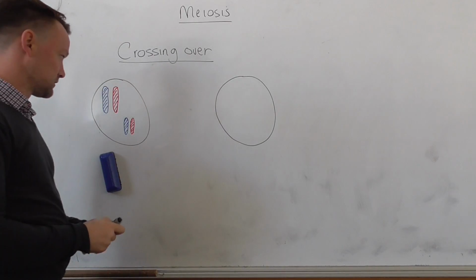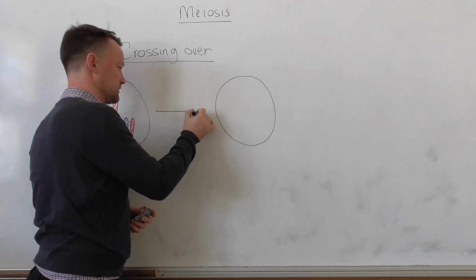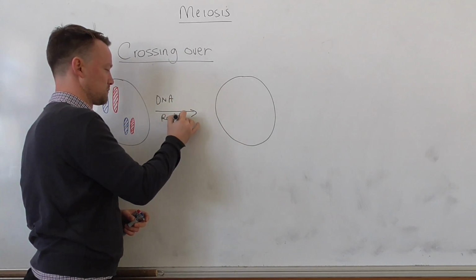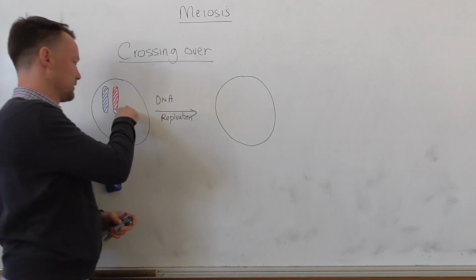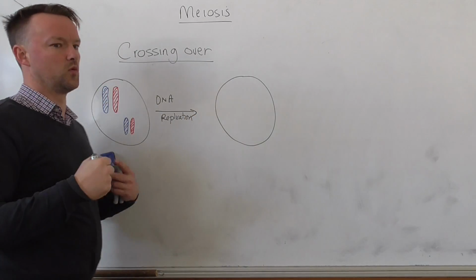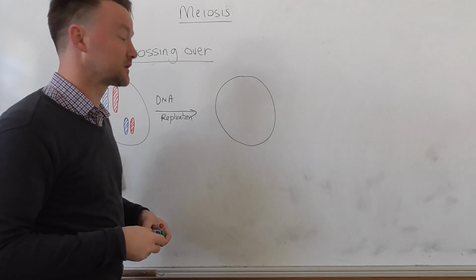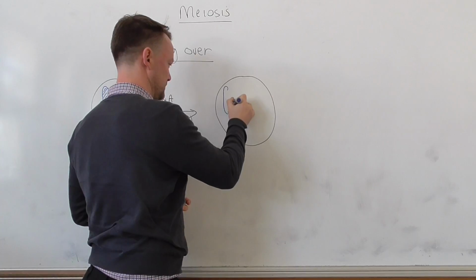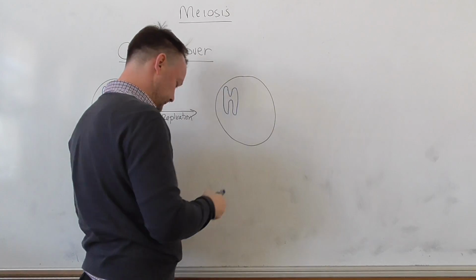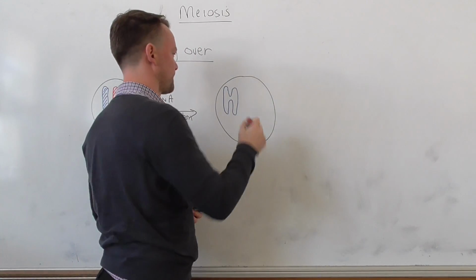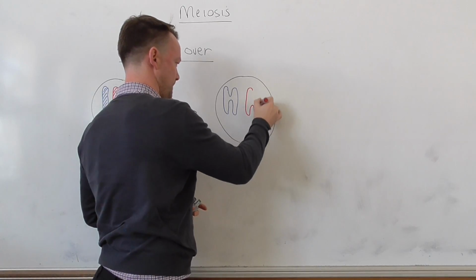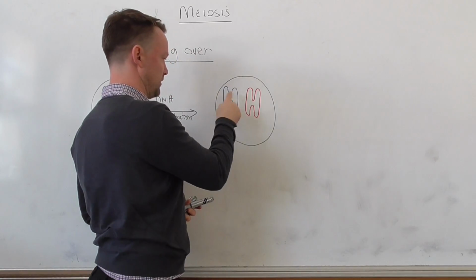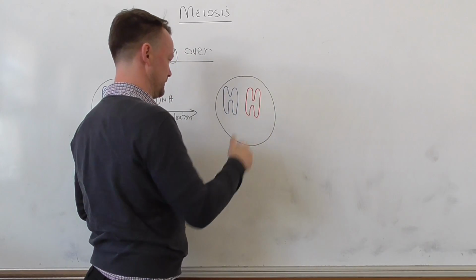Then here, the first stage is DNA replication, where each chromosome will make an identical copy of itself. And like I said before, what you end up with is this shape here. So this is a copy of that, and this is a copy of that.